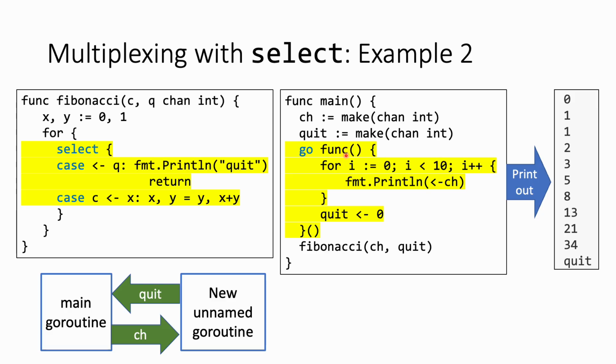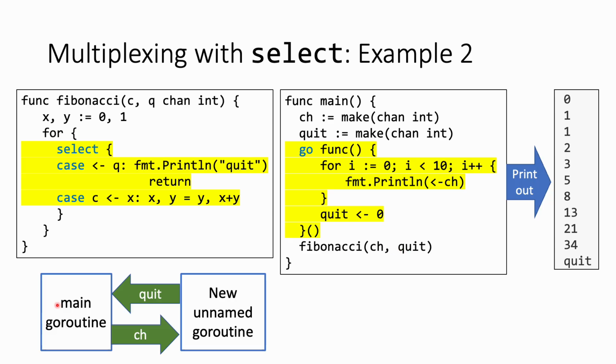This anonymous function receives and displays 10 values from channel CH through a for loop and sends value 0 to channel quit. And finally, function main calls function Fibonacci, passing channels CH and quit as actual arguments.